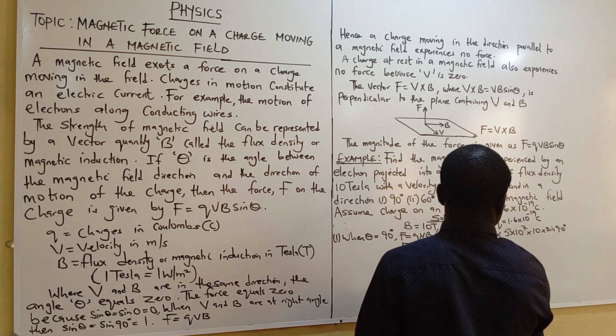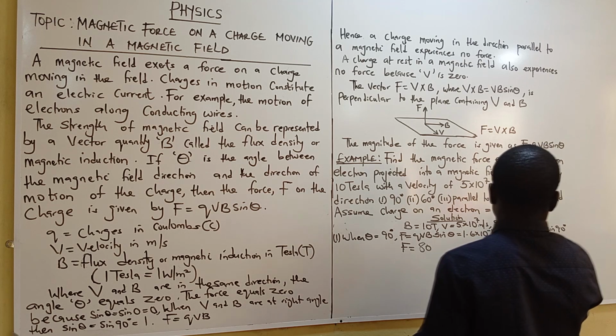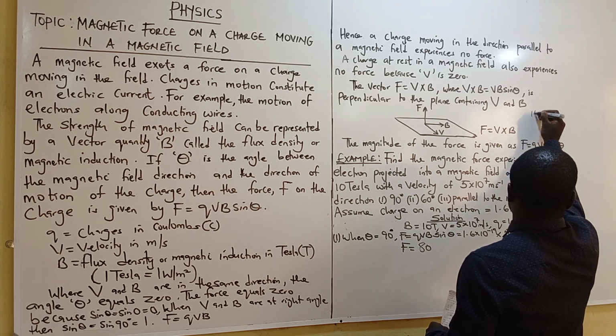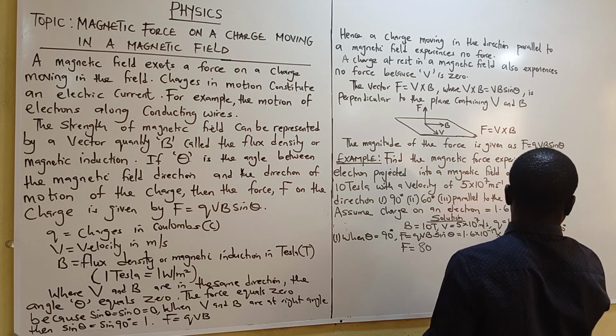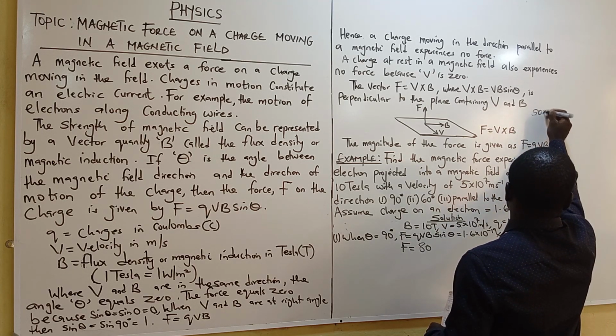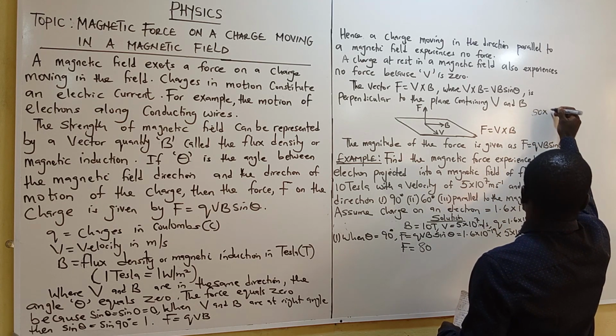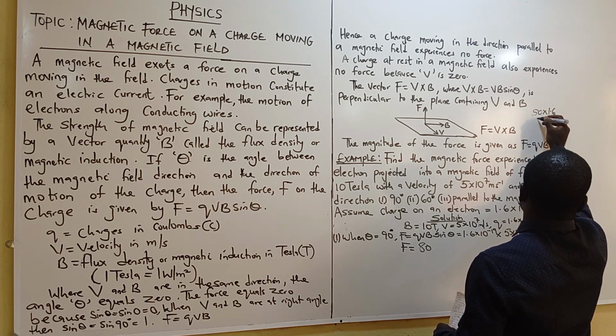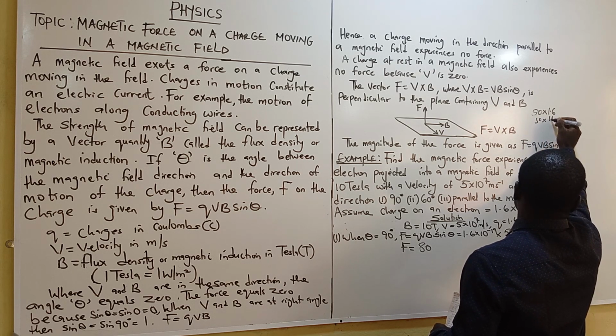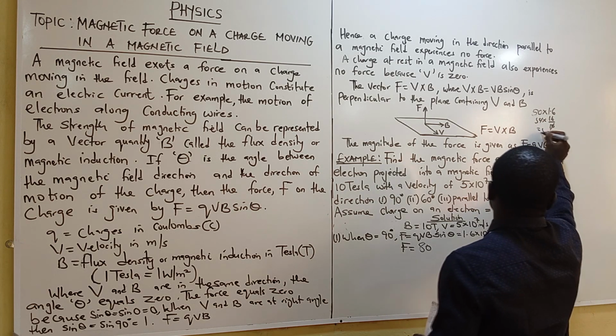Let's multiply so that you see it. 1.6 times 5 times 10, that's 50, and 50 times 1.6 is 50 times 16 over 10, the 0 cancels 0, that's 80.